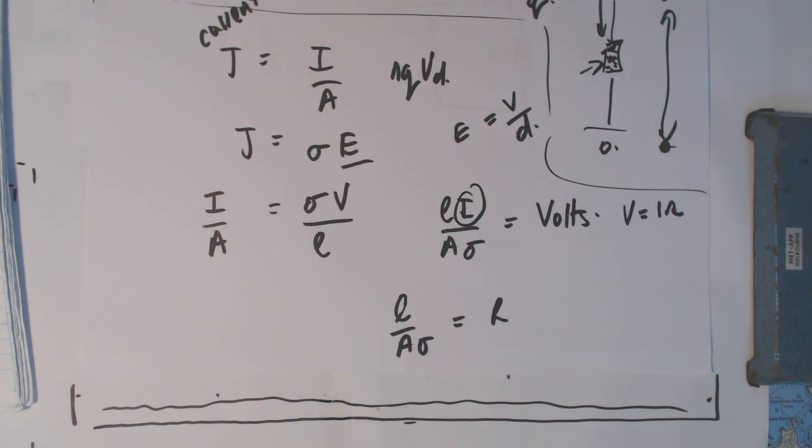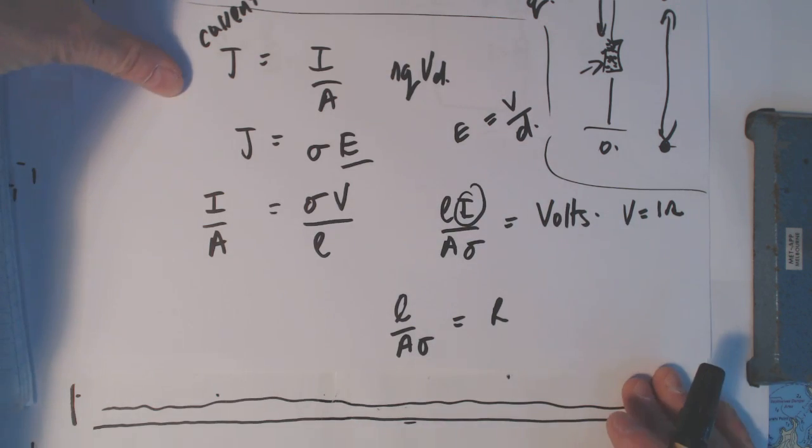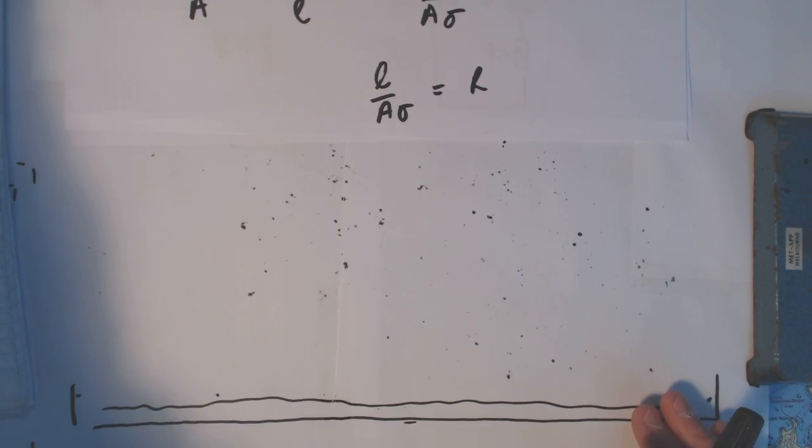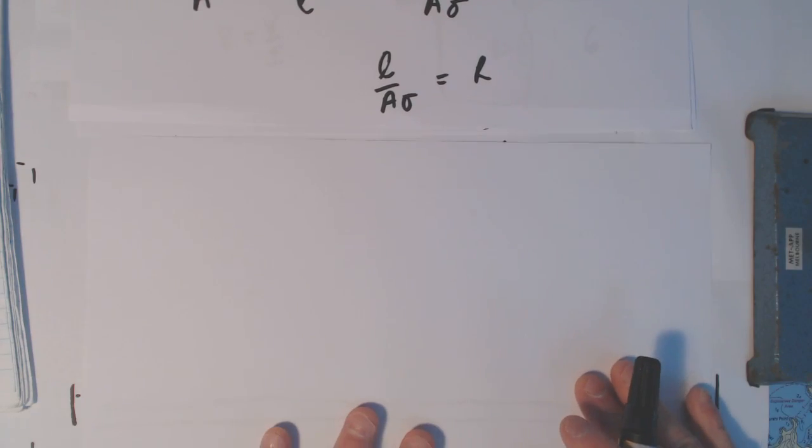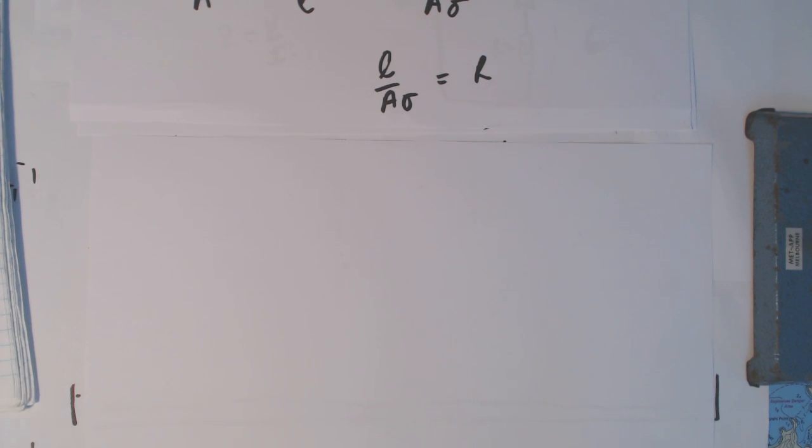So we've said, basically, that resistance is proportional to the length of the conductor. Longer wire, bigger resistance. Inversely proportional to the area. Thicker wire, less resistance. And inversely proportional to something called sigma. So what we actually end up doing is redefining sigma as rho.